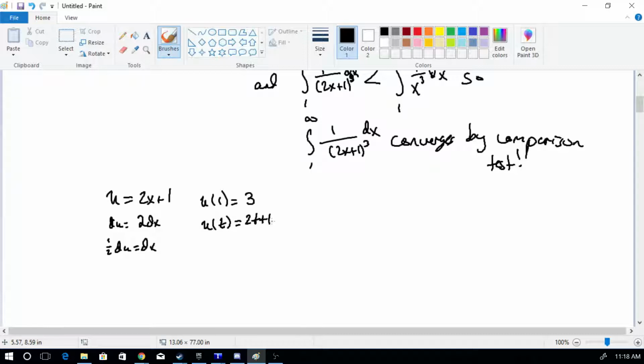I did the substitution first. We'll have to come back and fix these limits, but I just wanted to jump in and highlight the u sub.